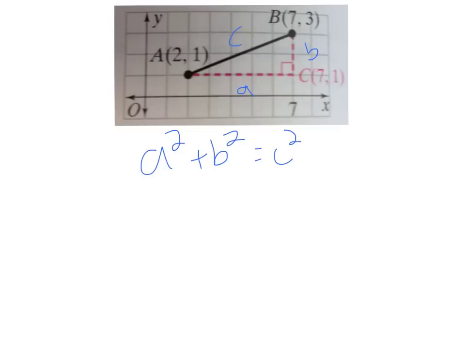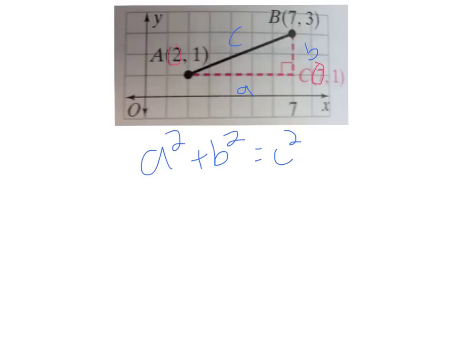Now you're going to say, well, I don't know what the length of each of those is. Like I don't know what a is, I don't know what b is, and I don't know what c is. You're right. But we can figure that out though. Let's look at a. We can say that it starts here and it ends here. That would be a change on our x or our y axis. That is a change on our x-axis, correct? So if you look at it, we went from 2 to 7.